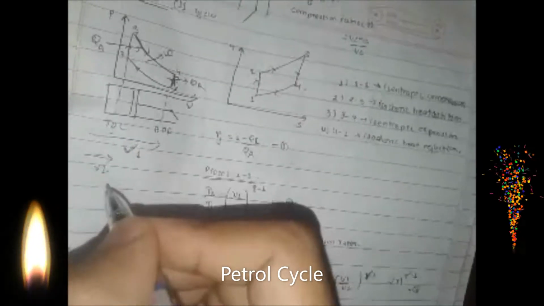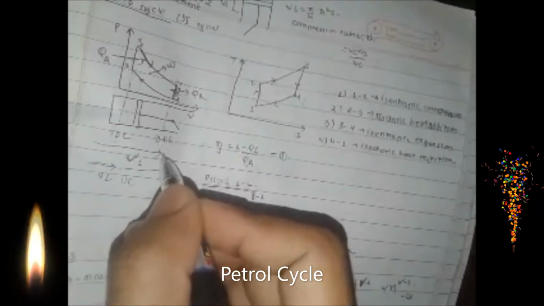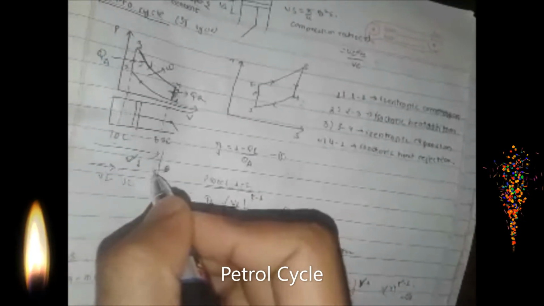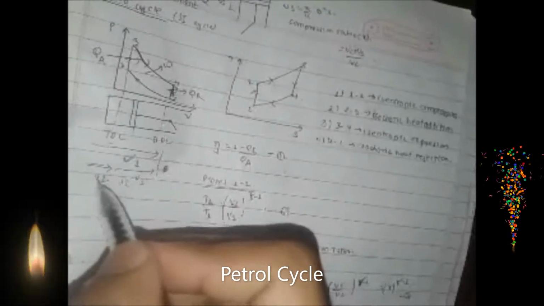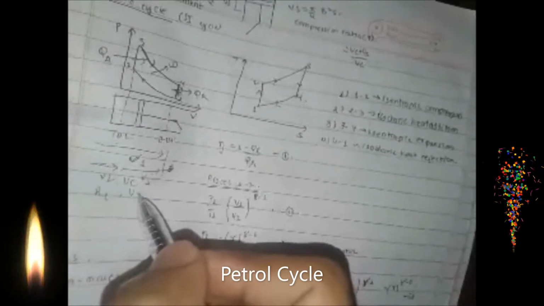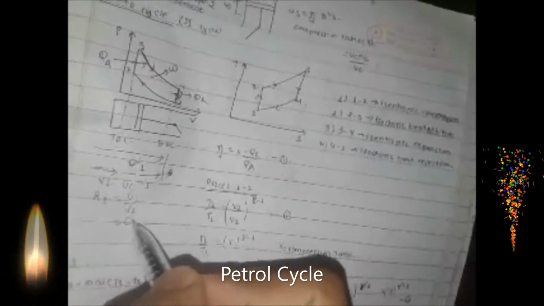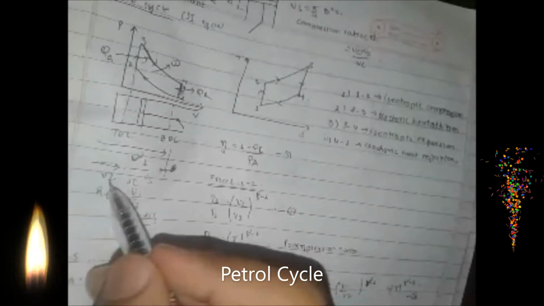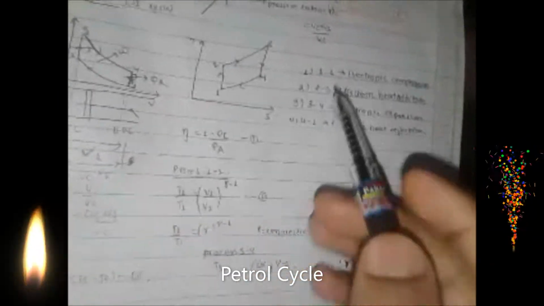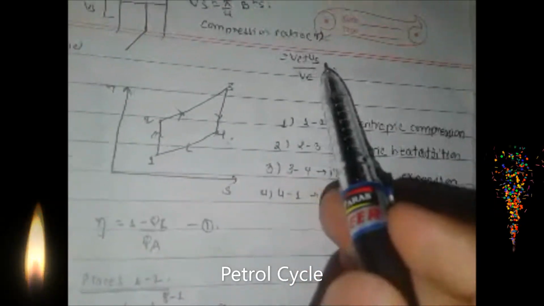This V2 is also known as the clearance volume, VC, and from here to here is our stroke volume, VS. So V1 by V2 is our compression ratio RC. V1 is VC plus VS, and V2 is VC, so the compression ratio is (VC plus VS) by VC.